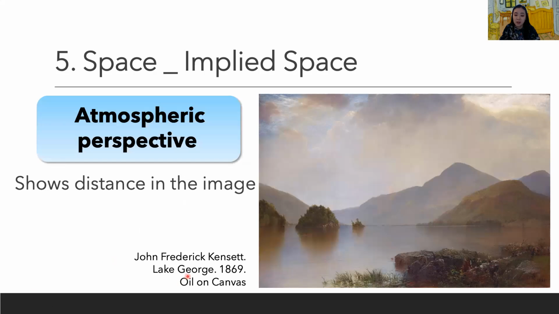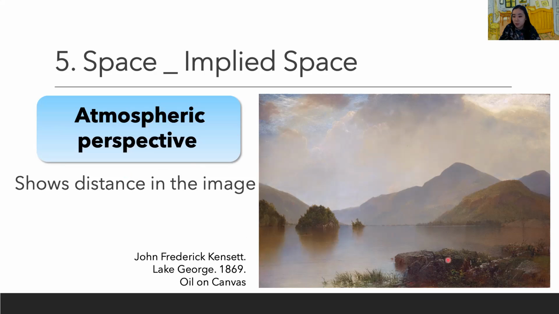And the third and the last perspective technique by the Renaissance for the implied space is atmospheric perspective. So it indicates that as an object recedes into the distance relative to the viewer, we see that object with reduced clarity, value, and color saturation.